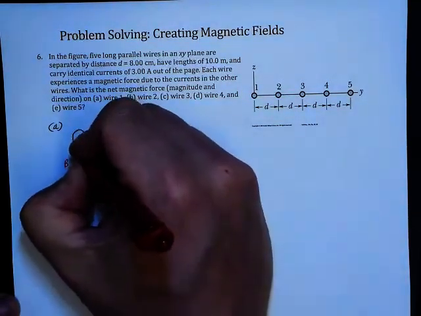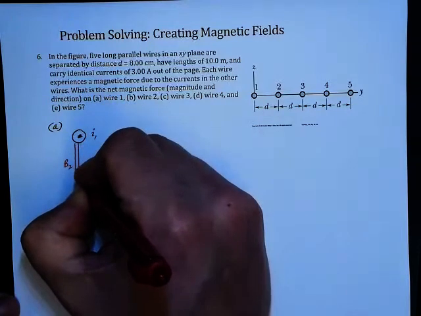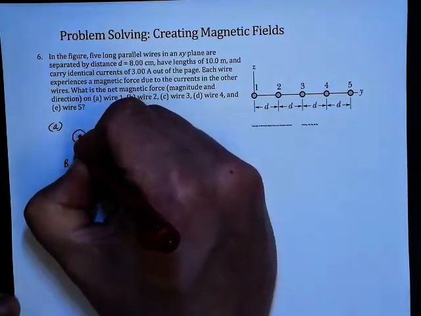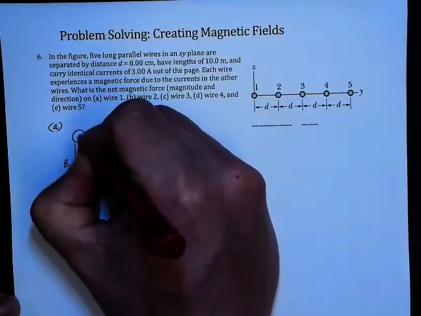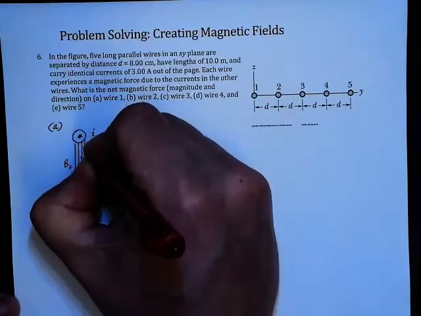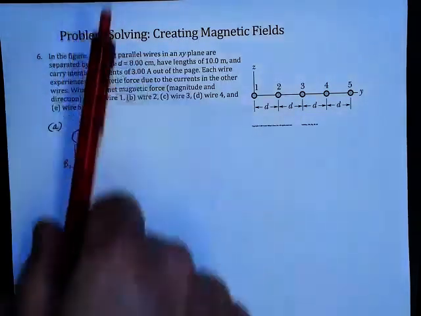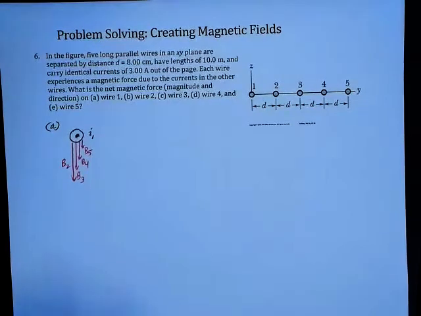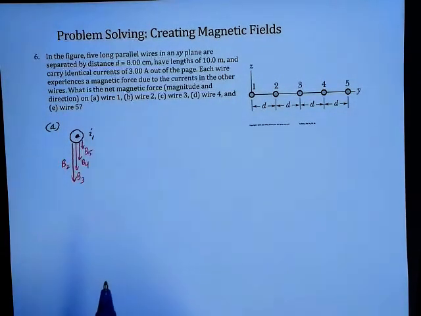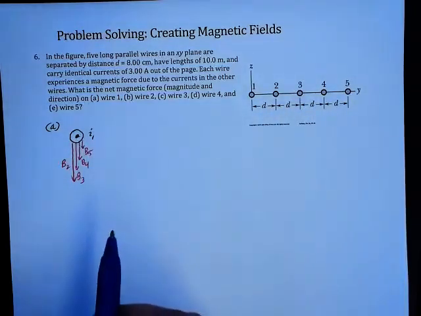I get a magnetic field from wire 3 that's down, but it's smaller because it's further away. Wire 4 is even smaller, and wire 5 is smallest yet, but the overall magnetic field at this location is downward due to the current in all of the other wires.